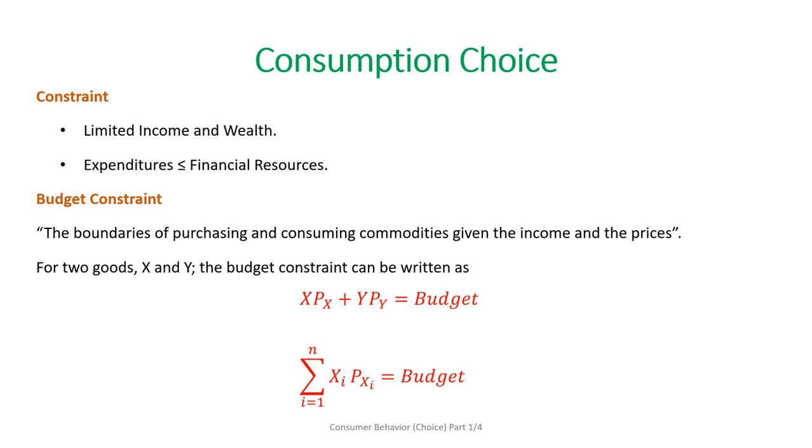In other words, the budget constraint divides the whole of the commodities into two groups. One which a consumer can afford and the other which is unaffordable given the prices and the income of the household.